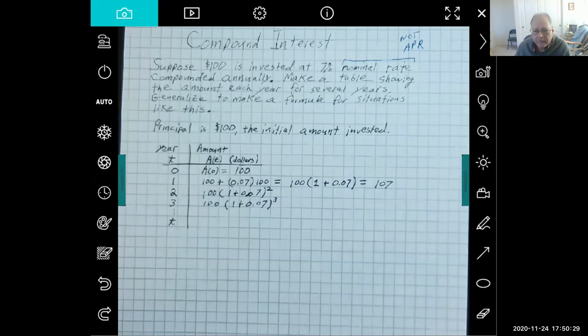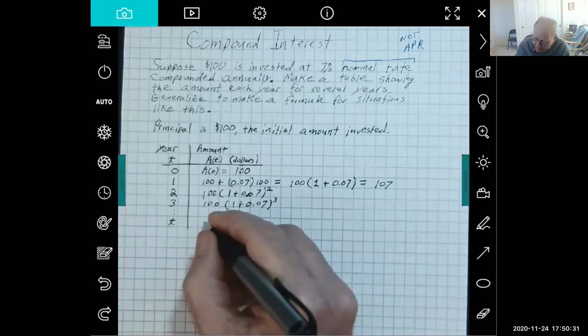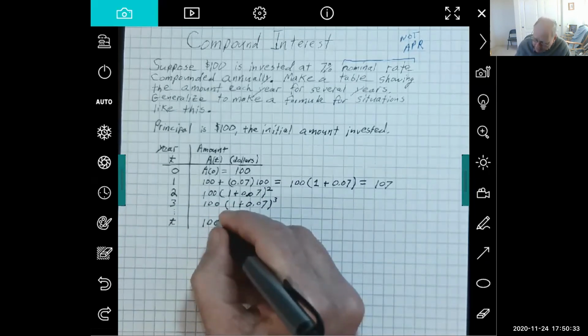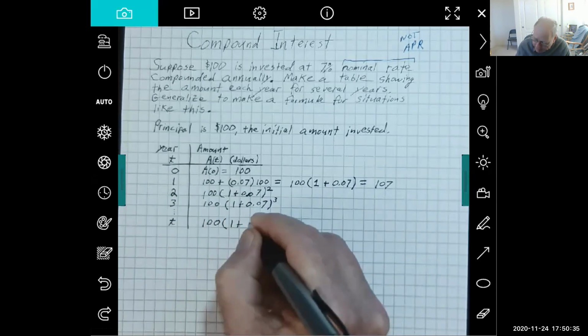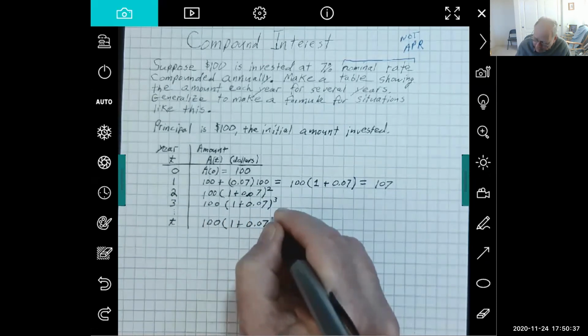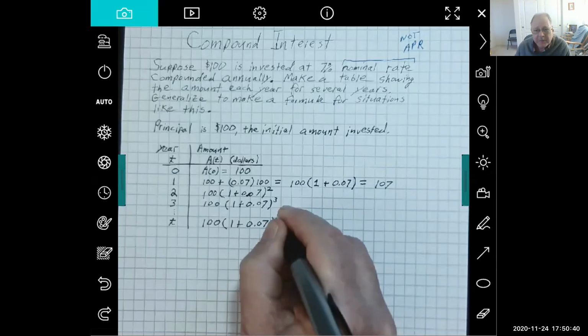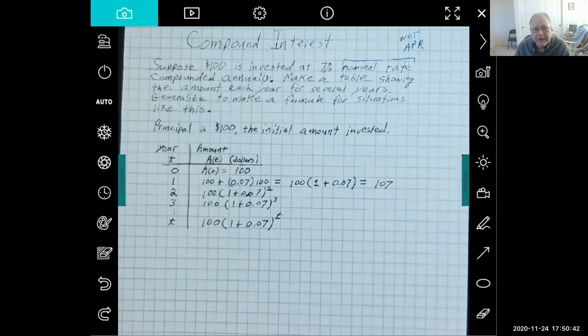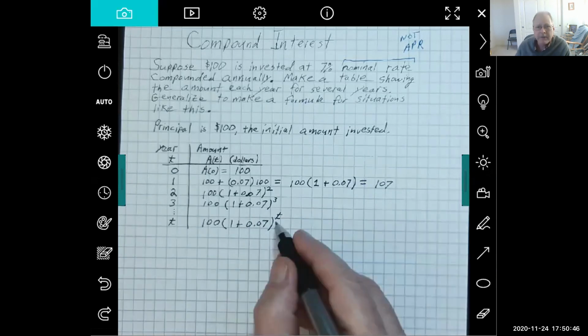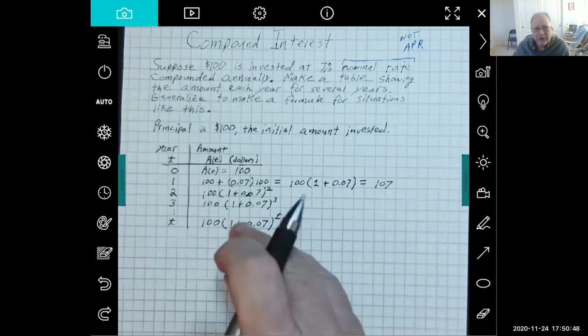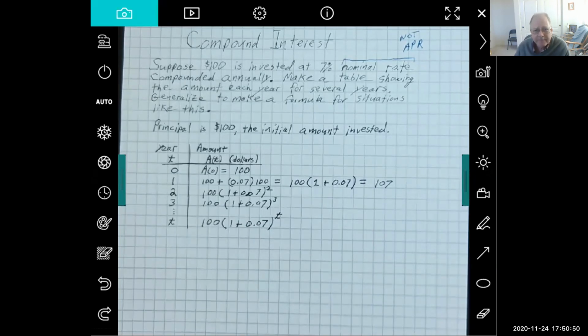So after whatever number of years, t, the number of years, you'll have multiplied by 1.07 t number of times. If t is the number of years, that's the number of times you've multiplied the 1.07 over and over again.